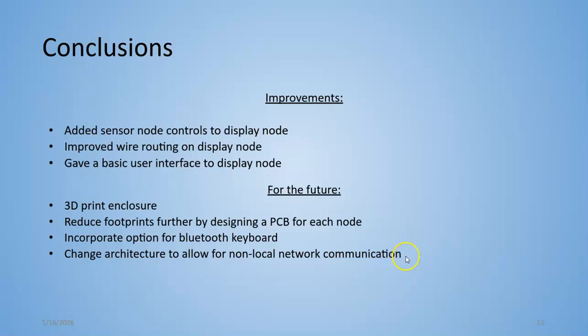So an idea I had was I keep the sensor node at home connected to Wi-Fi, but if I'm out and about and have the display node with me along with a Bluetooth keyboard, I could type in the network that I'm currently on and have it communicate back to the sensor node. This is a more complex coding architecture, so I chose not to do that for this capstone project just because of the amount of time and obstacles that it would add, but that is something I would love to add in the future for this design.